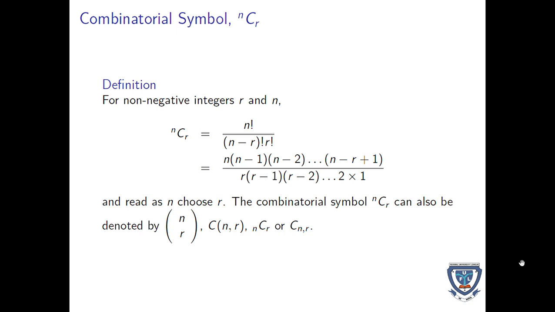After proper simplification, you are going to have n times n minus 1, n minus 2, down to n minus r plus 1 in the numerator, all over r times r minus 1, r minus 2, down to 1 in the denominator. The combinatorial symbol n combination r can also be denoted by nCr, C(n,r), or the stacked n over r. These are different ways it can be written.